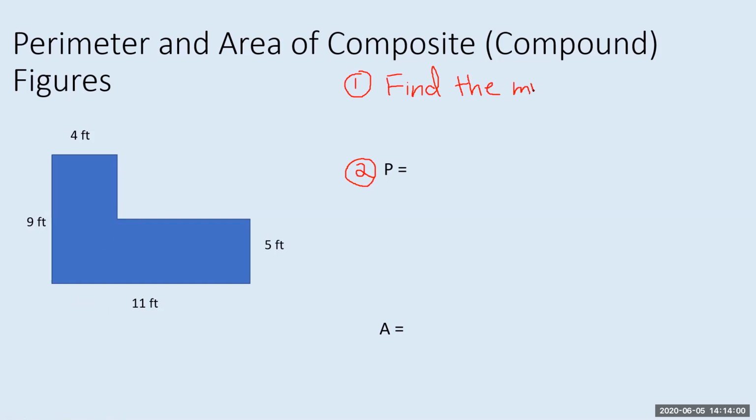And again, we're not going to do it just by taking a look at it and estimating. There are some situations where that might be appropriate, but in general, that's not going to be the case for these types of problems. We want to do some calculations using information we're given to find the exact measurement. So we're going to find the missing sides.